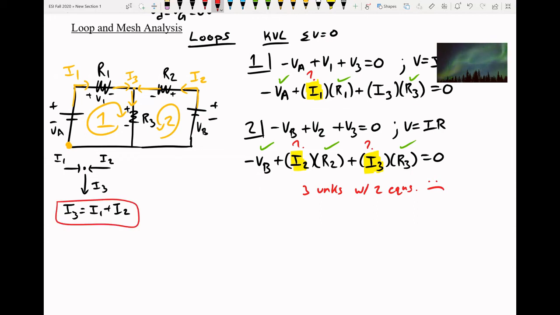So we can come in here, and everywhere we see I of 3, we can replace it with I1 plus I2. So now we only have 2 unknowns with 2 equations.